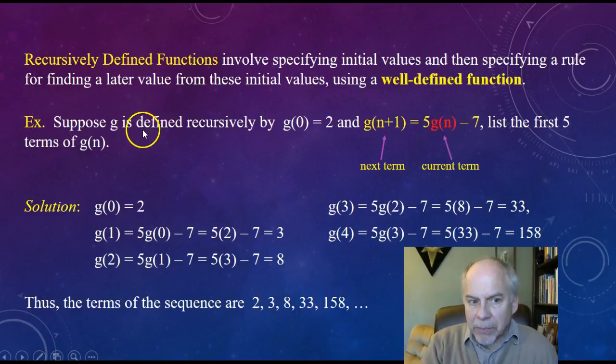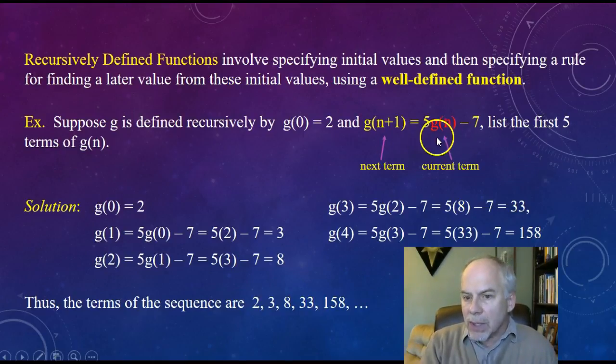So here's an example. Suppose G is defined recursively as G of 0 is 2, so that's your initial value. G of n plus 1, that's your next term you're looking for, equals 5 times G of n, that's the current term, minus 7.